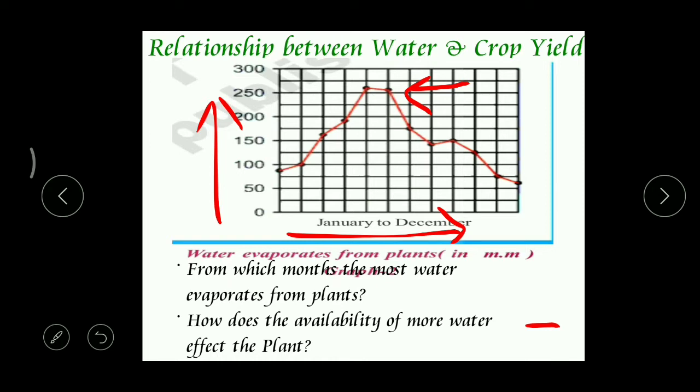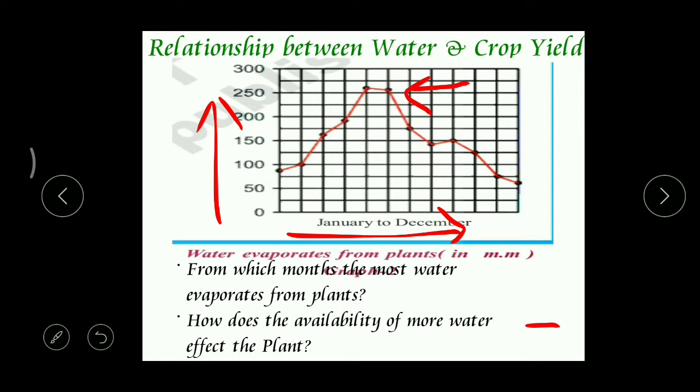If we supply more and more water than the requirement, all this excess water seeps and sinks into the soil, and the soil will be filled with water.